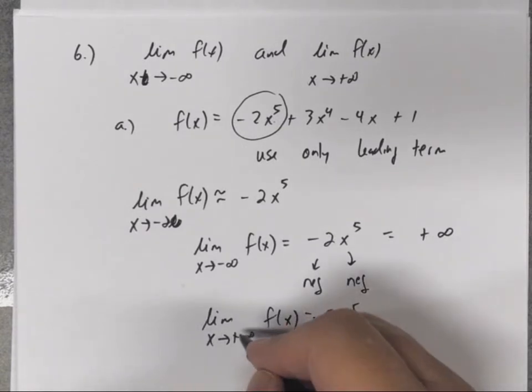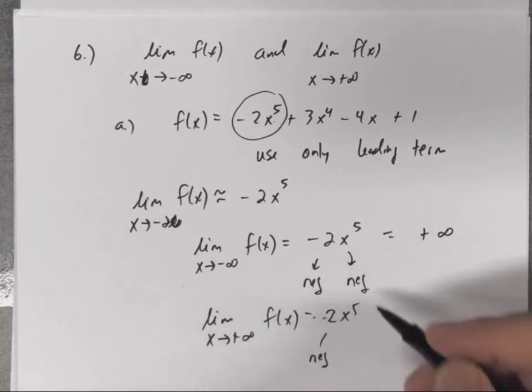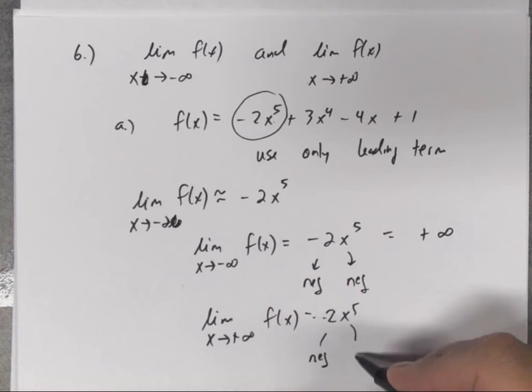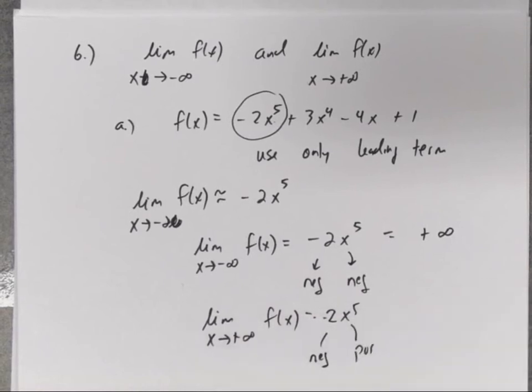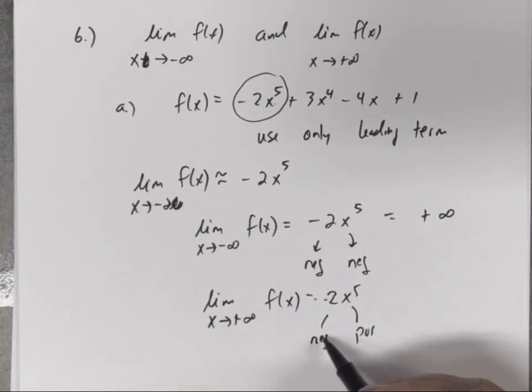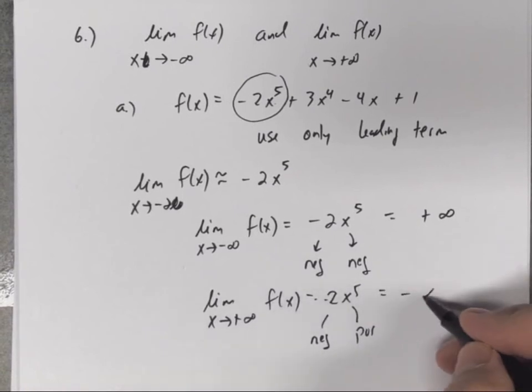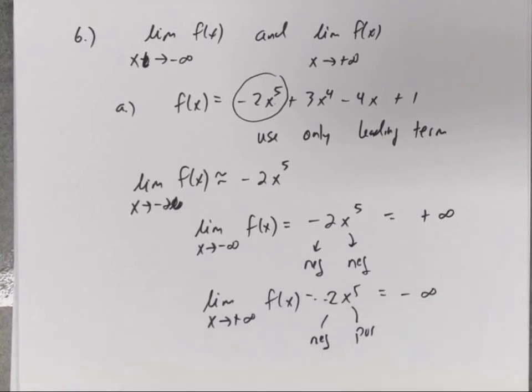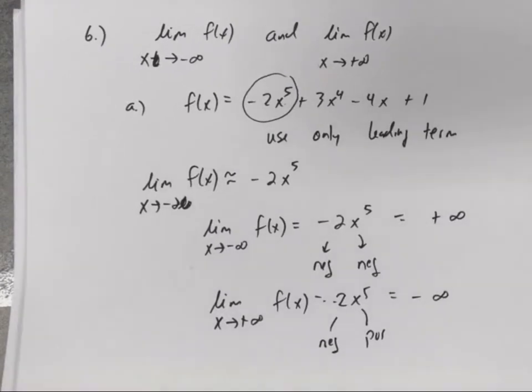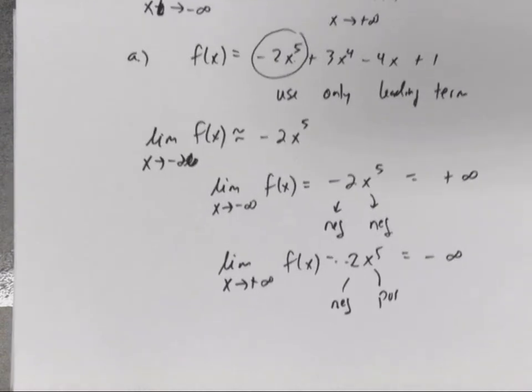Now if we put huge positive numbers into x to the fifth, that's going to be positive. So in this case, we have a negative times a positive, which is negative. So in this case, the limit is going to be negative infinity. All right, so not too bad, just got to think about it a little bit.